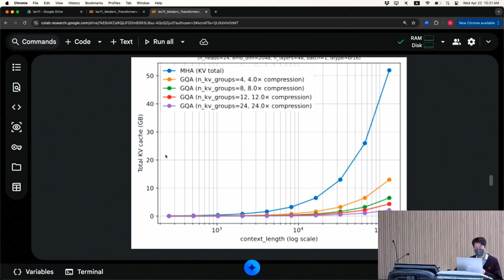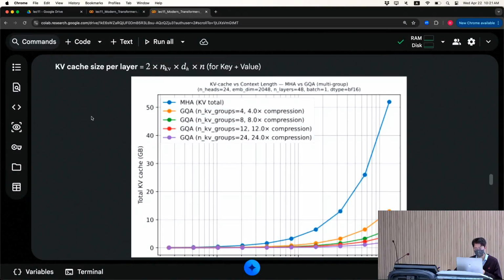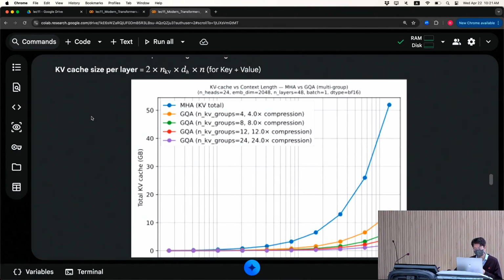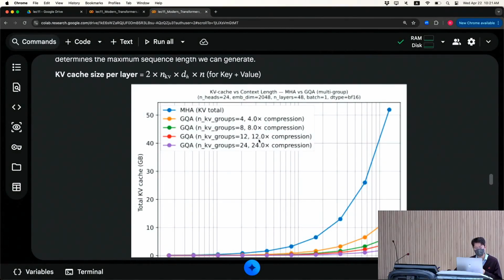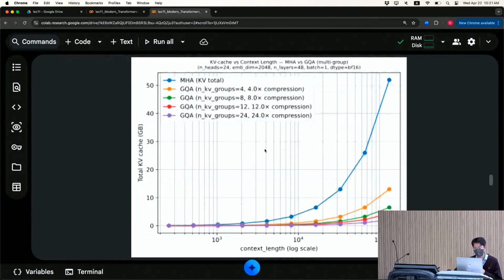So multi-head attention is the blue here, which is the classic setting that we discussed so far. And in grouped query attention, as we compress the number of required KB heads, then you can see the savings in terms of the memory is quite significant.